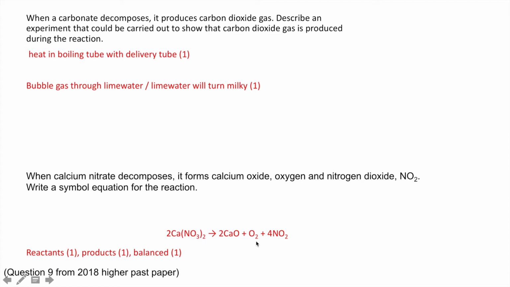And then you simply want to continue balancing everything until you have your oxygens fully balanced. Now you get 1 mark for having the reactants correct, 1 mark for the products correct, and 1 mark for being fully balanced.